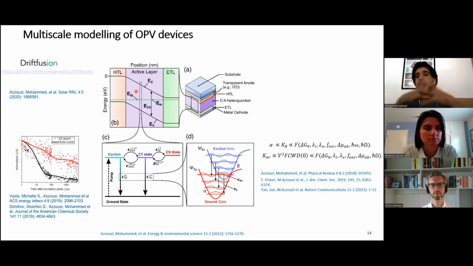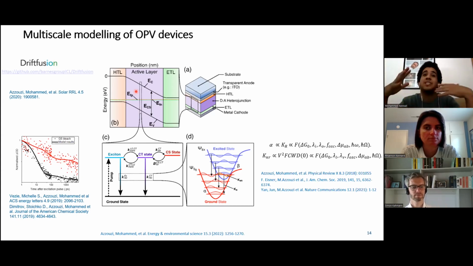The only issue is that with such a model, we end up with a large pool of parameters, and if we want to simulate devices, we need to find a way to reduce these parameters and to extract them in a quite reliable way. And that's the example I'm going to show in the next slides.